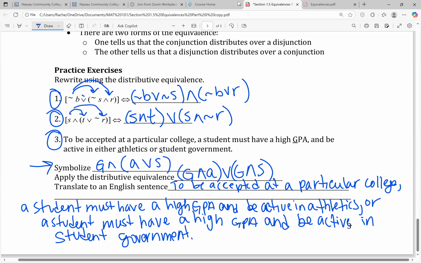So before I end this lecture, because we are done with section 1.5, this was just an introduction to these first few equivalences: the double negation, the commutative, the associative, and the distributive equivalences. In section 1.6, you're going to be introduced to more equivalences.